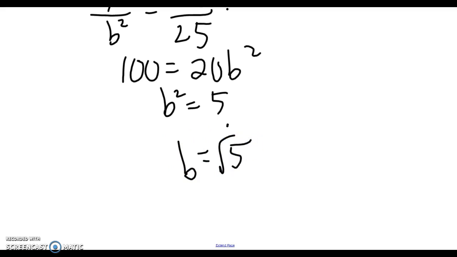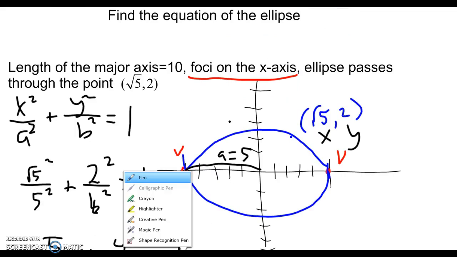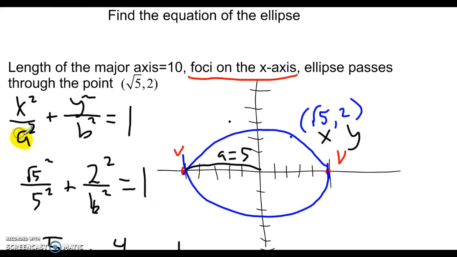Once you have b, we really have our equation, because all you need is a and b to write your equation. We'd have x squared over a squared, which is 25, plus y squared over b squared, where b was square root of 5, so square root of 5 squared is 5, equals 1.